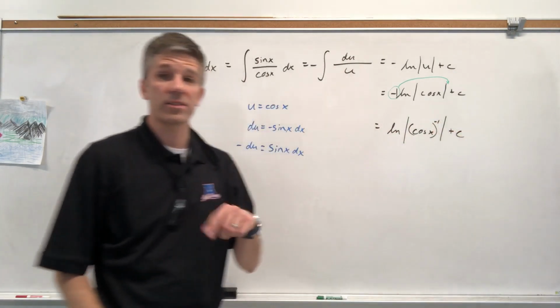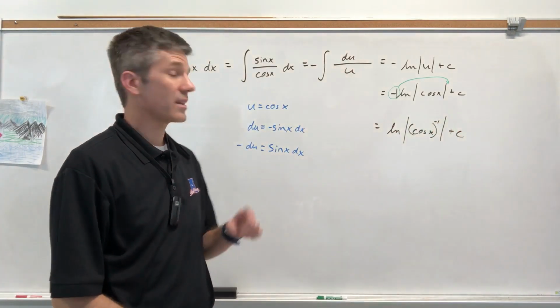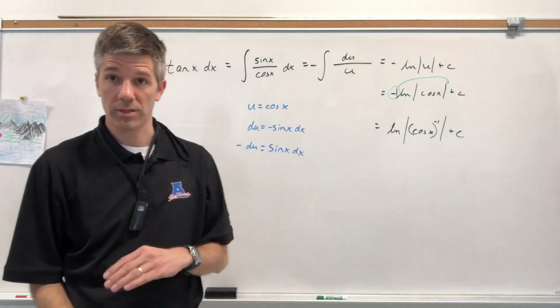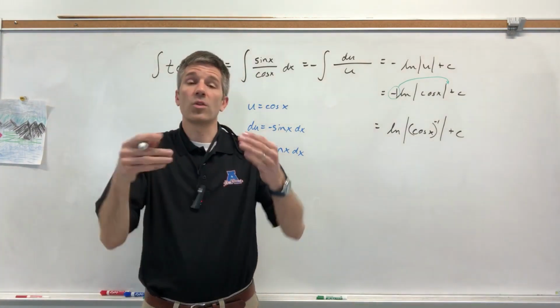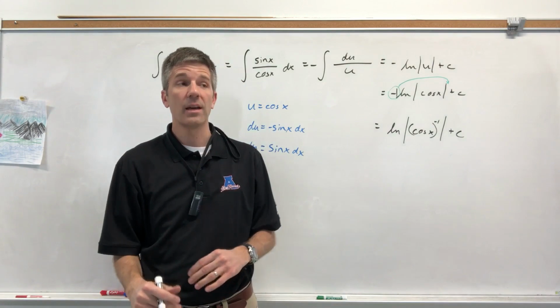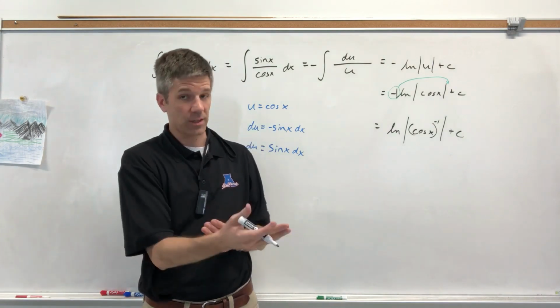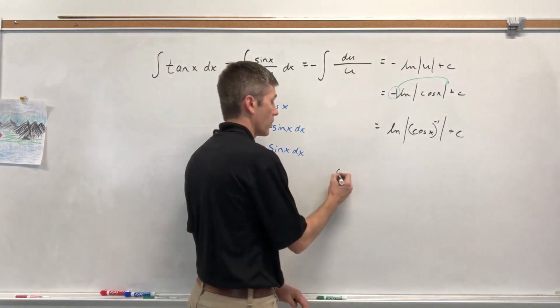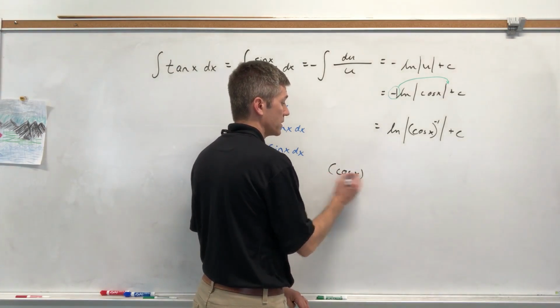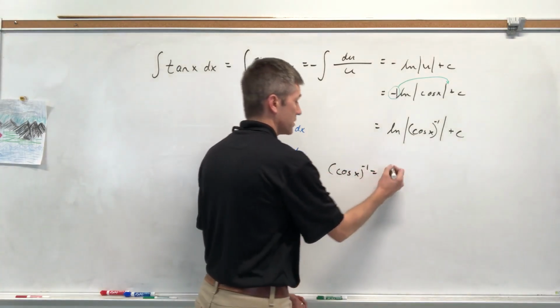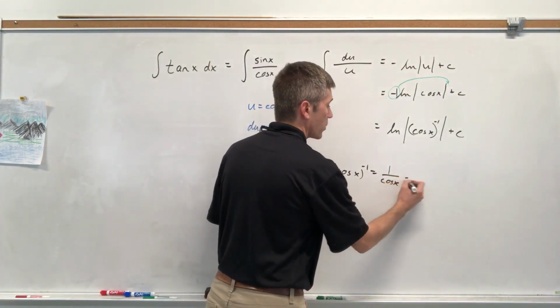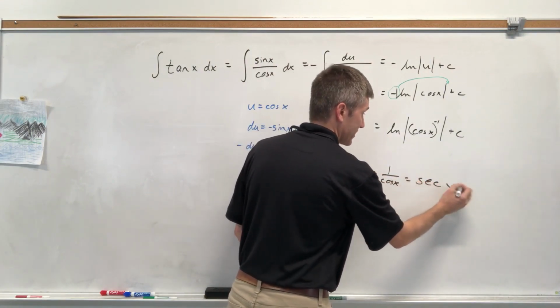Now, do not confuse that with inverse cosine or arc cosine. This is truly the reciprocal of cosine, not an inverse cosine. Those are two separate ideas. What I am referring to is this, which is this, which is this.